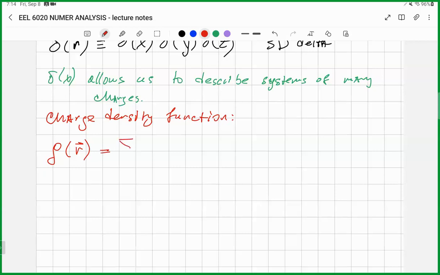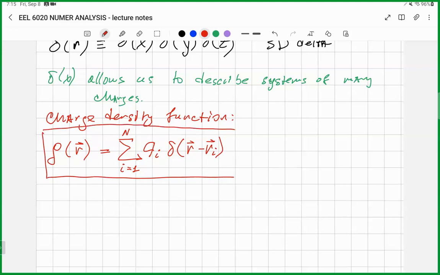It is simply equal to the summation of all charges in the system, from 1 to capital N, where capital N is the number of charges, of Qi, the charge of particle i, times delta r minus ri. This is a very important formula too.